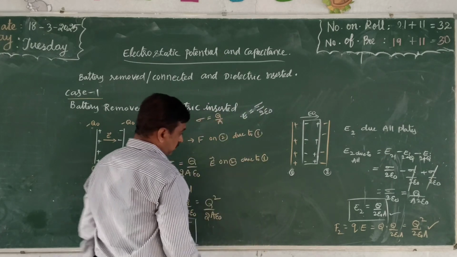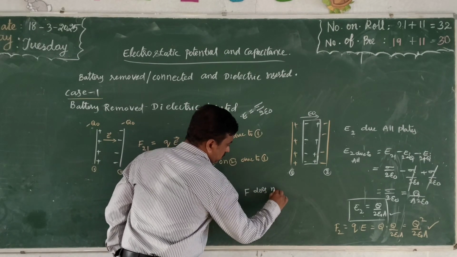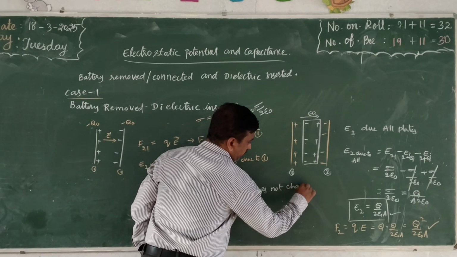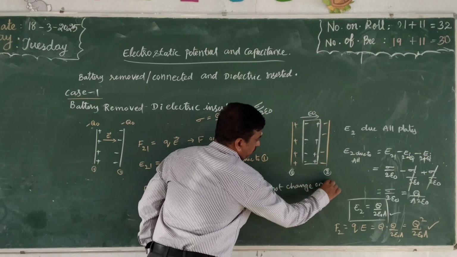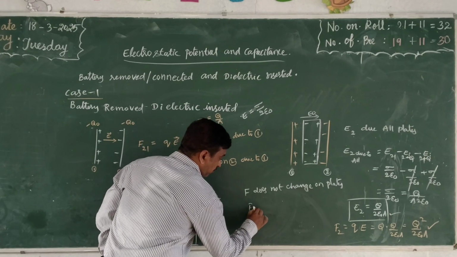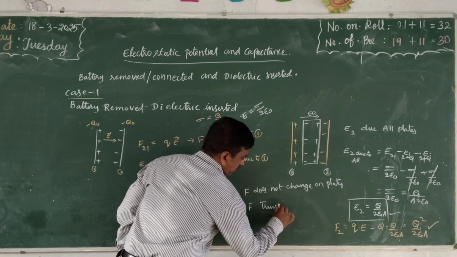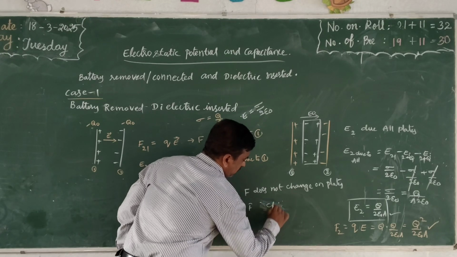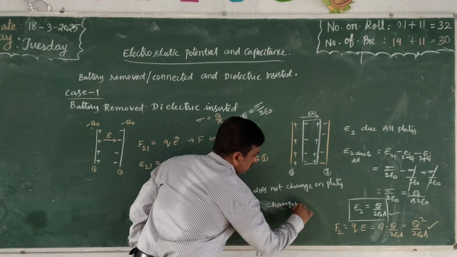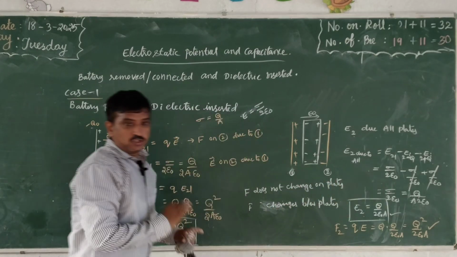Q square by 2 epsilon naught A. Means the force does not change on the plates. What changes is the force between the plates.